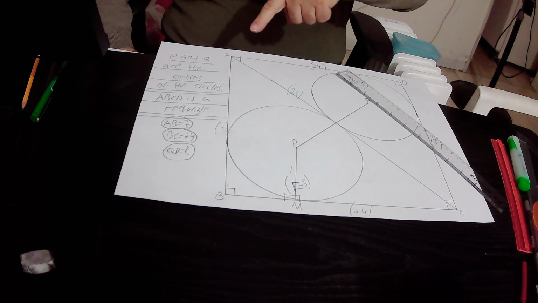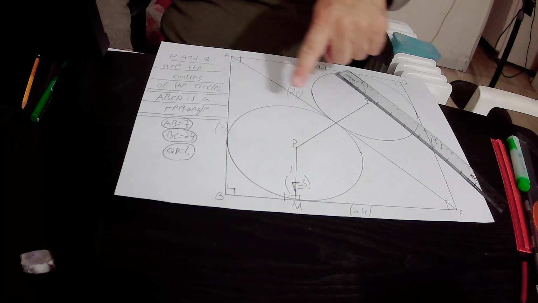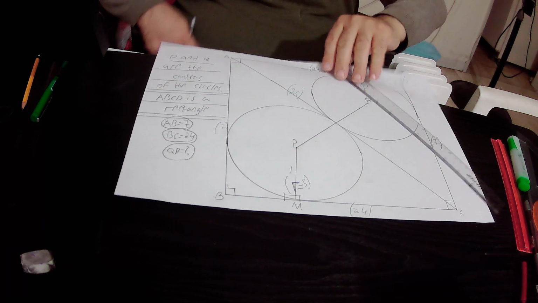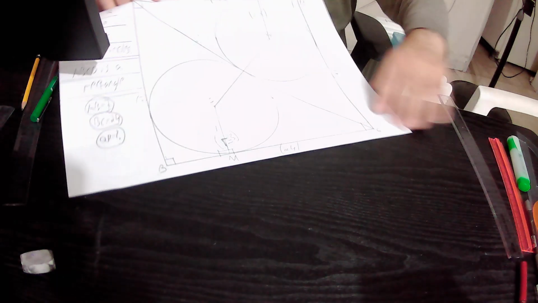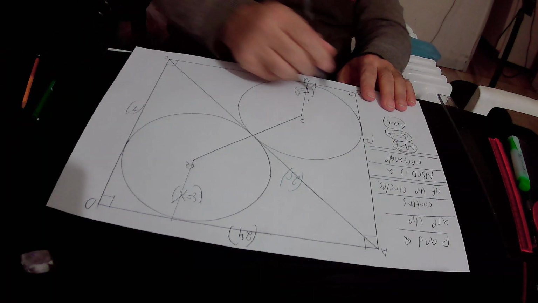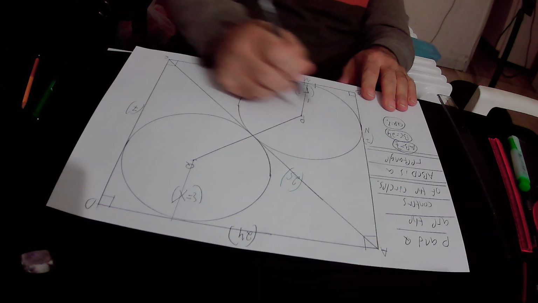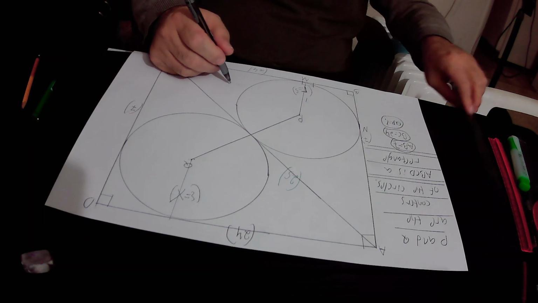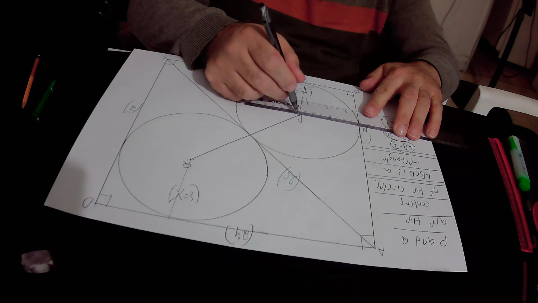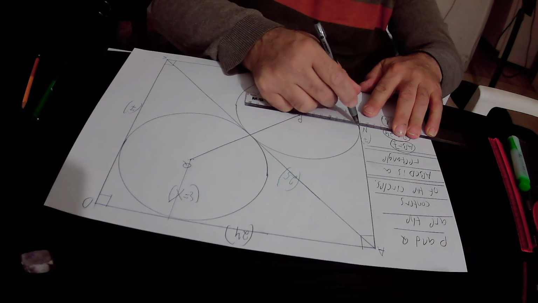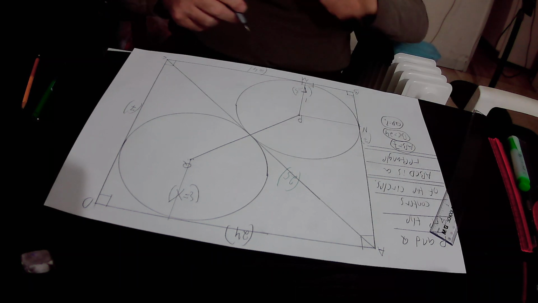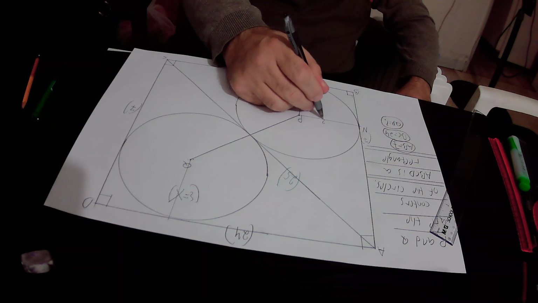Likewise, we define the point of tangency of tangent AB with this circle as N. We join points P and N together by a straight line. PN is the radius of this circle that is equal to 3 units.